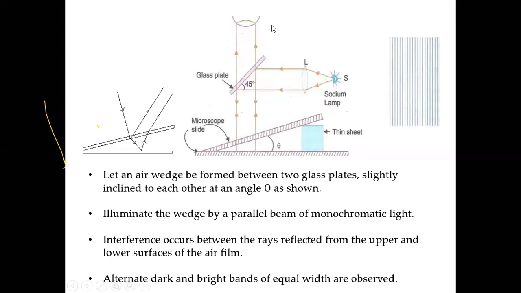So as I have already elaborated the diagram, let us try to understand the literature, where it says that let an air wedge be formed between two glass plates slightly inclined to each other at an angle theta. So let this angle of inclination between the two glass plates be theta. And let this air wedge be illuminated by a parallel beam of monochromatic light.